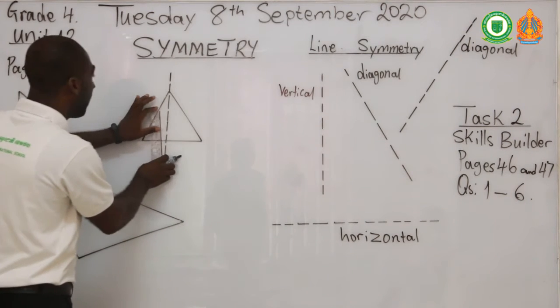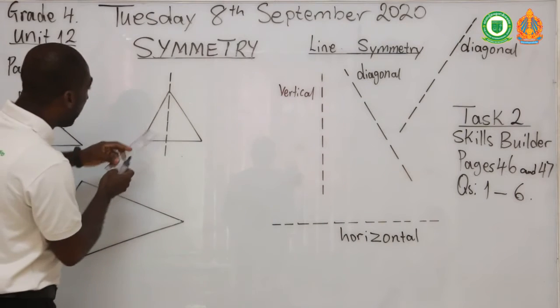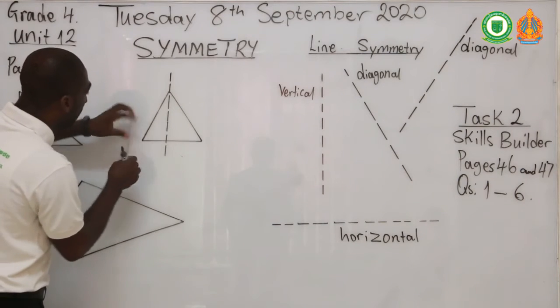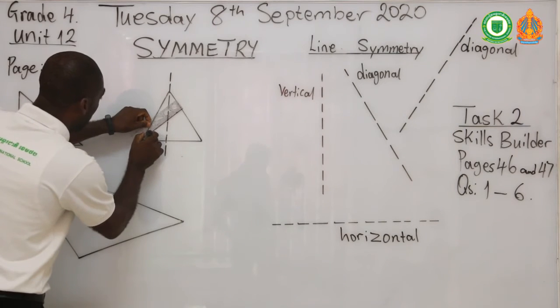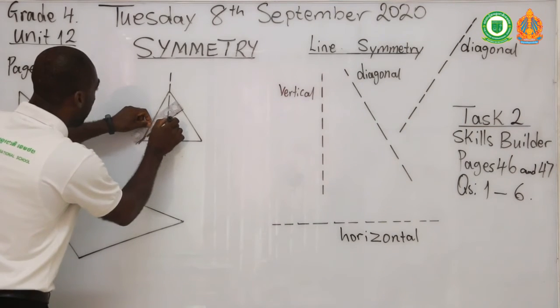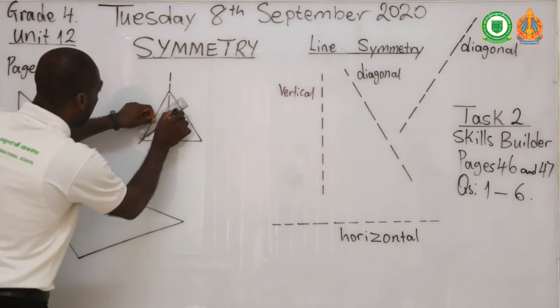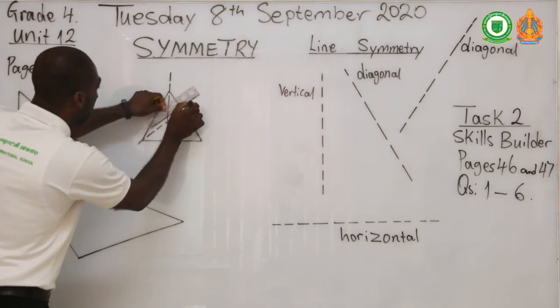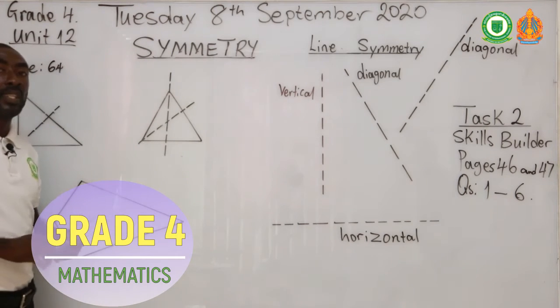Okay, so we have our vertical line of symmetry. Then we can also go on the diagonal to also put our line of symmetry through. Okay, so going diagonal, we also get something like this.